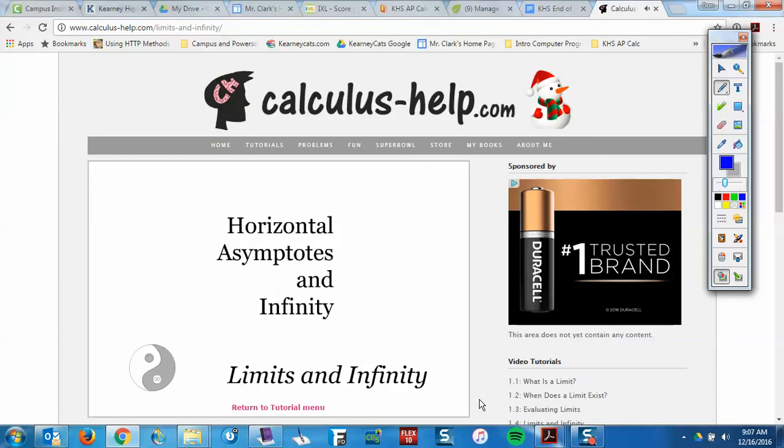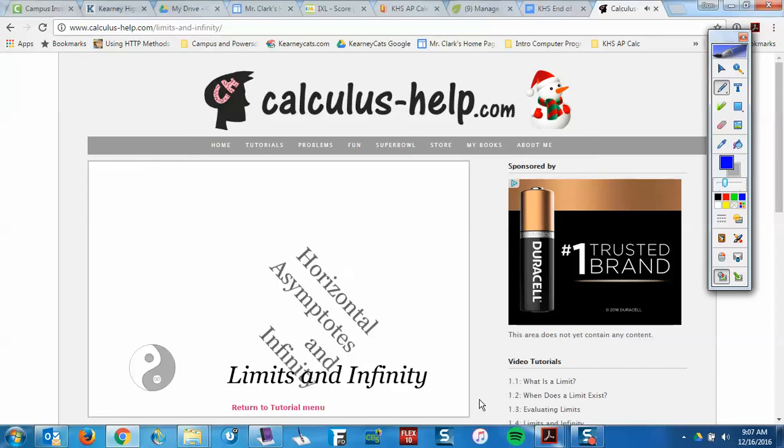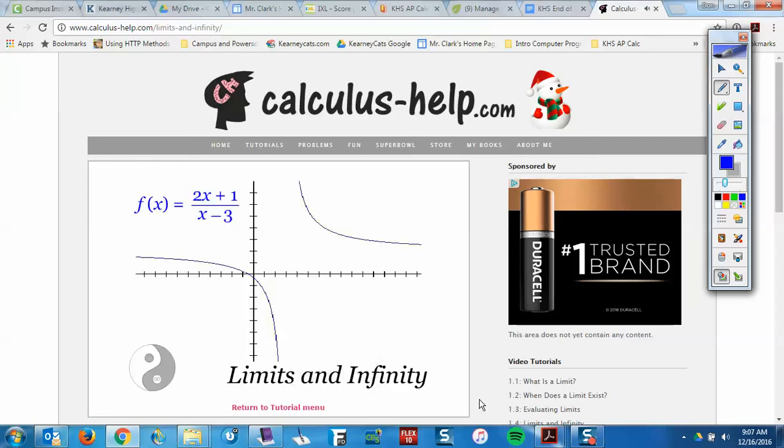Vertical asymptotes aren't the only asymptotes which relate to infinity. Horizontal asymptotes do as well, just in a slightly different way. To see this, let's look at the graph of f again. Now, as x gets infinitely large, or as we go along the x-axis, note that the graph of f is bending slowly downwards towards a height of 2. Now, if a graphical argument is not enough for you, take a look at this chart based on the function values of f.